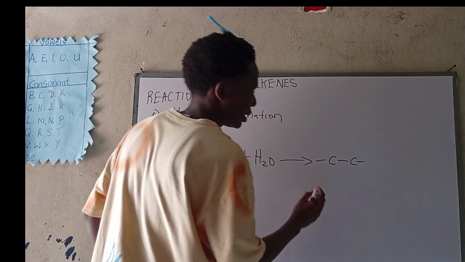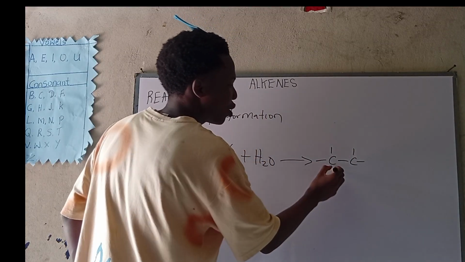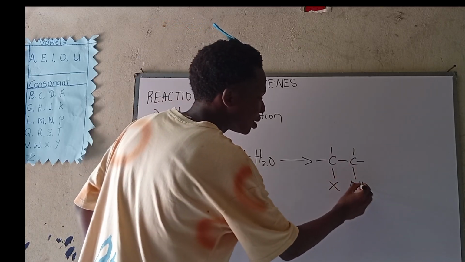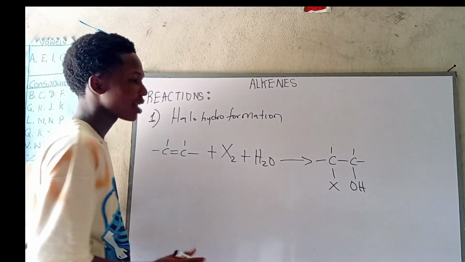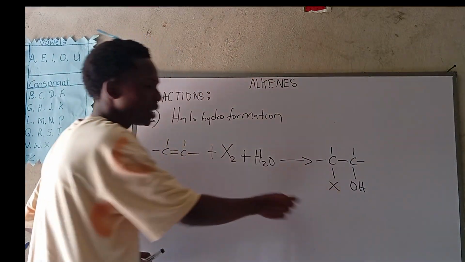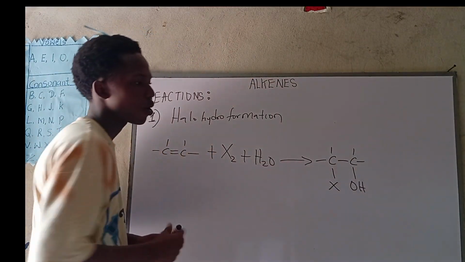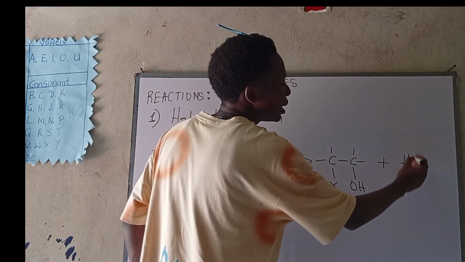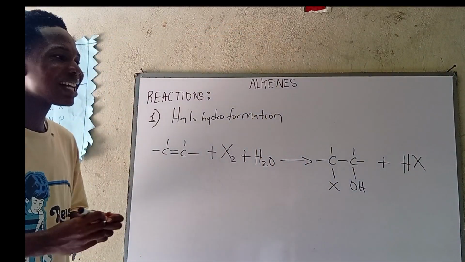We're going to get something like this. Haloalkanols will contain a halogen, an alcohol, and what? Hydrogen what? Halide. This is as simple as that.